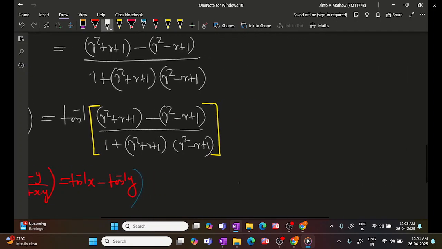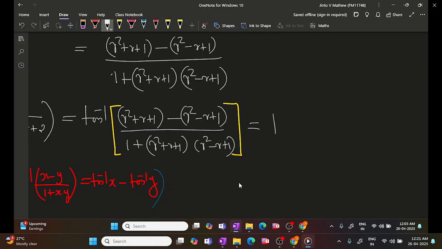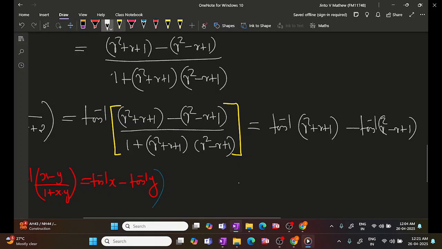Therefore this can be written as tan inverse r square plus r plus 1 minus tan inverse r square minus r plus 1. So as I told earlier, if you call this term f of r, and in this f of r, if you replace r by r plus 1, it is going to be f of r plus 1.